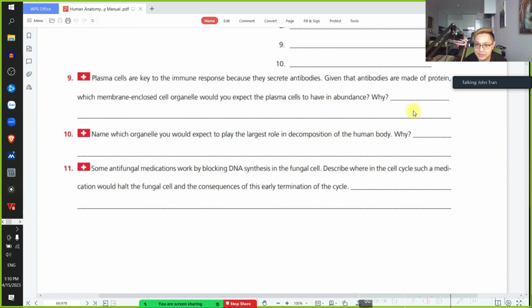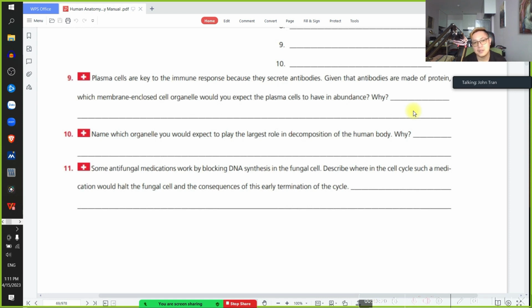It's ribosome, because it makes a lot of protein, right? It's actually not that hard. Come on.